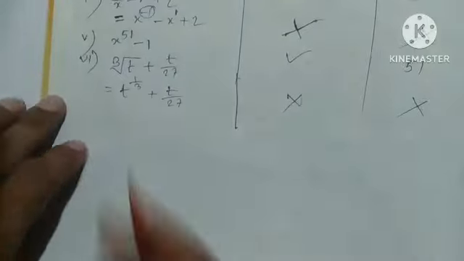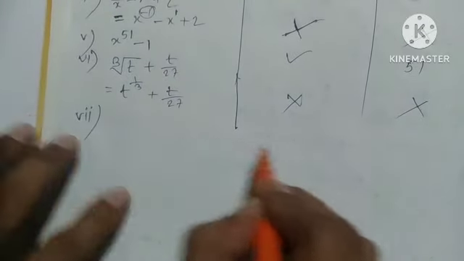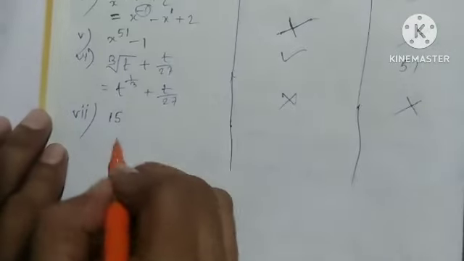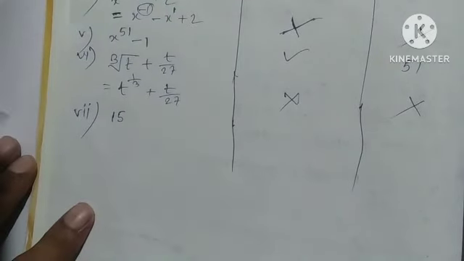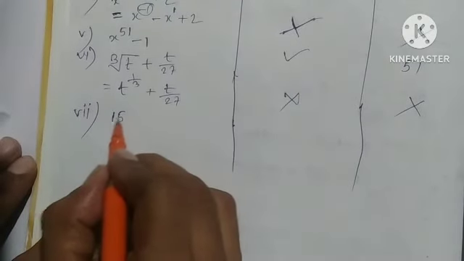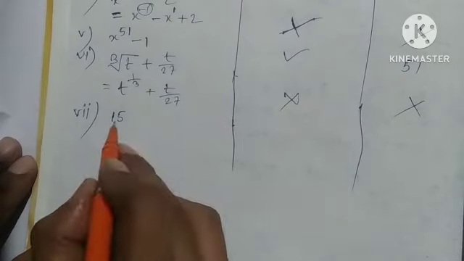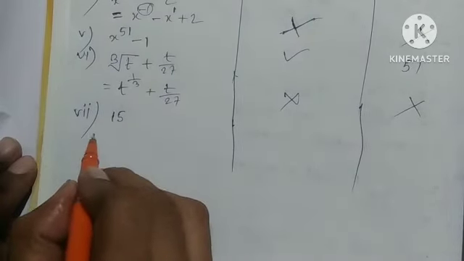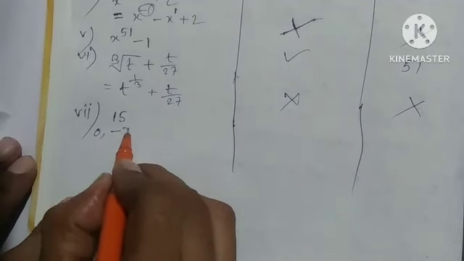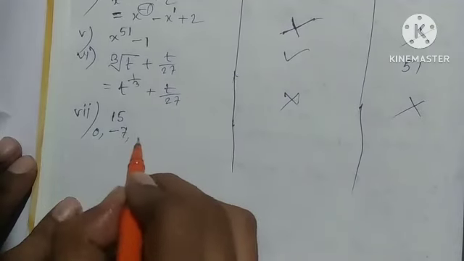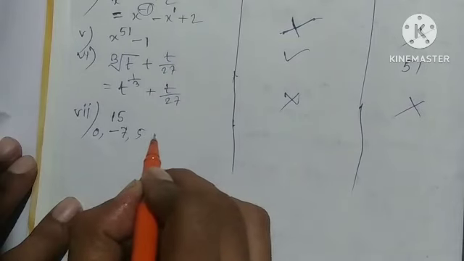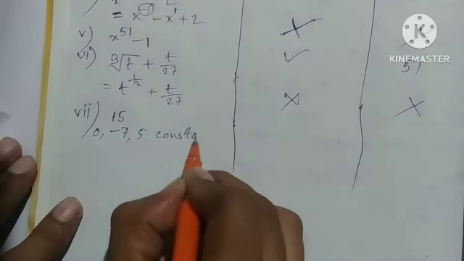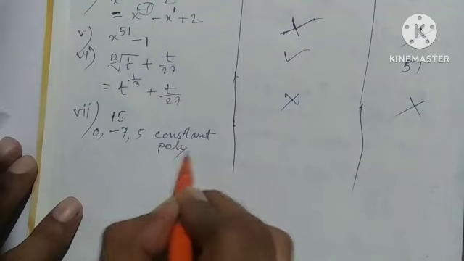Question number 7. 7 is 15. So 15 is a polynomial or not? Yes, it is a polynomial, because these are called constant polynomials. 15, 0, minus 7, all these are called constant polynomials.